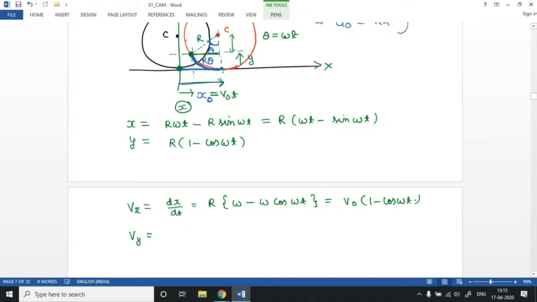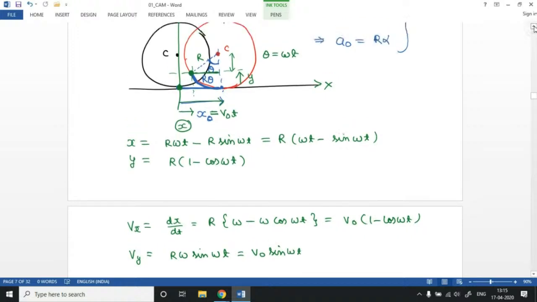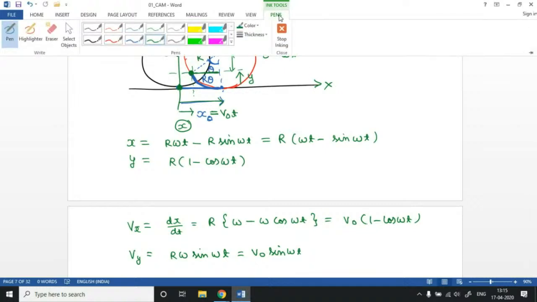And similarly vy is r omega sine omega t, which is v naught into sine omega t. Geometrically also we can see that this particle will have two components of velocity. Let me use another color pen.